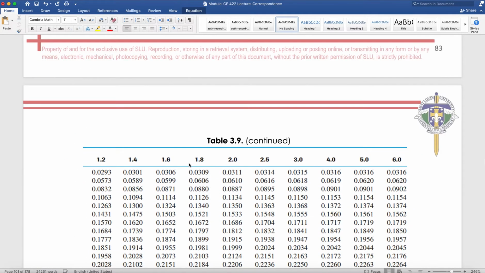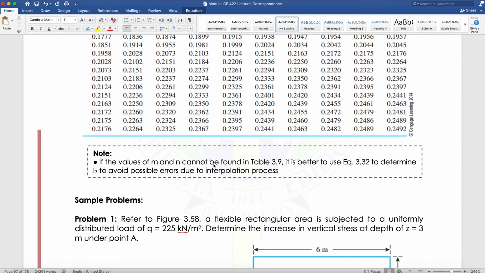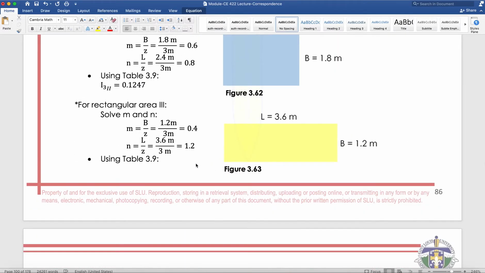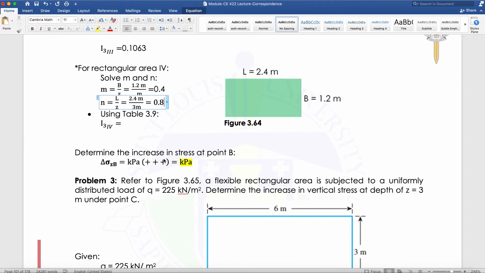So, balik tayo sa table. 0.4, 0.8. So, ito siya. So, we have 0.931. Okay?